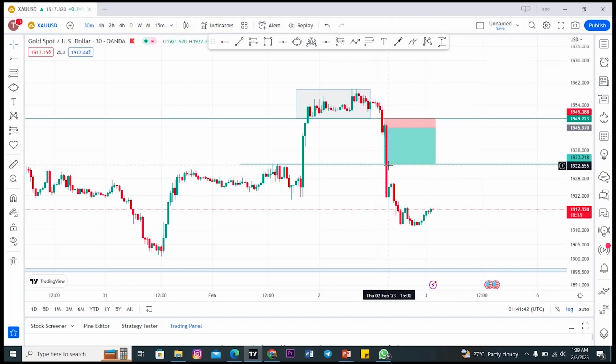You can see price pushed all the way to the downside, but I said no, this market is a bullish market, I have to take my profit very quickly and then stay out of the market. So this is basically how I was able to see this trade coming, how I was able to enter, and what my thought process was.